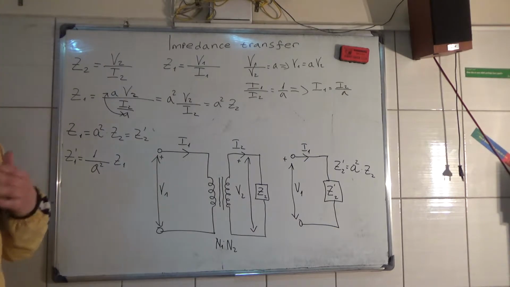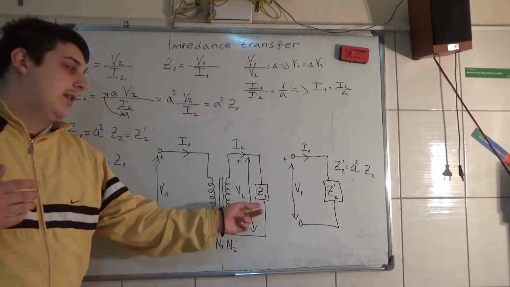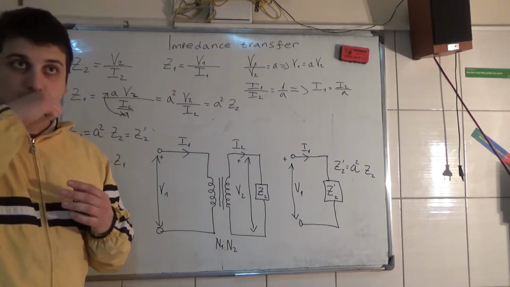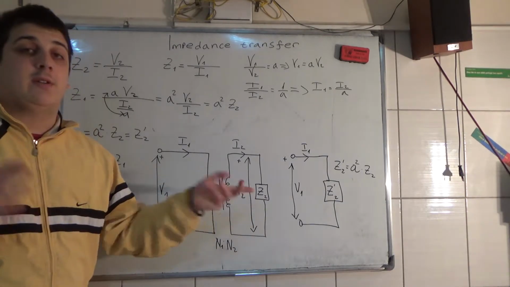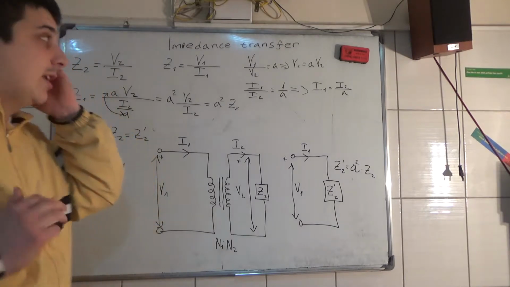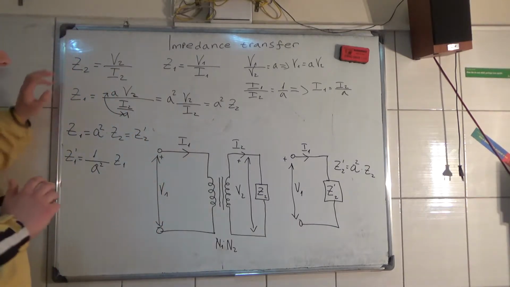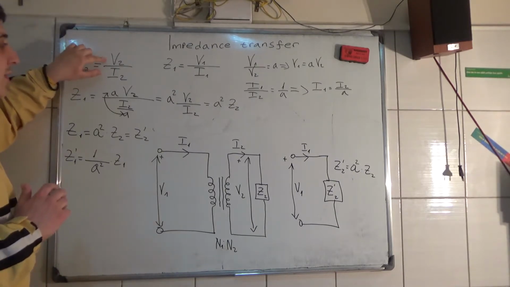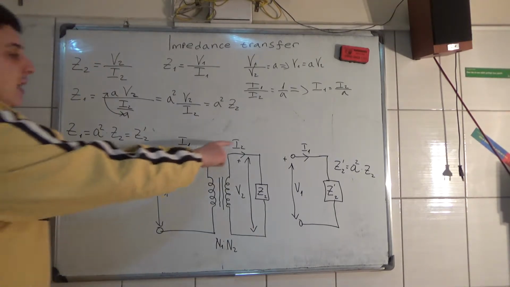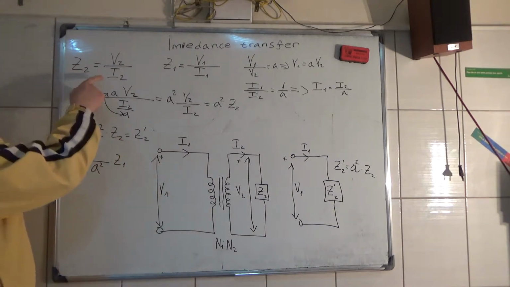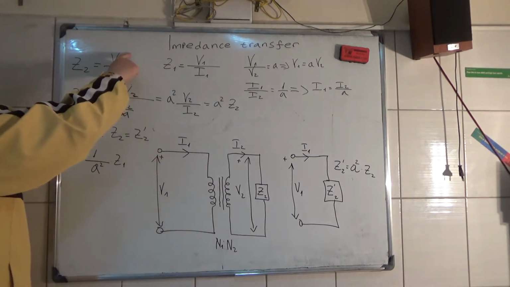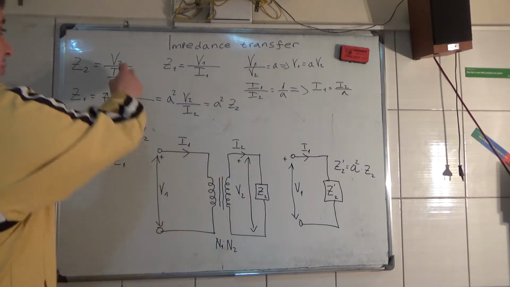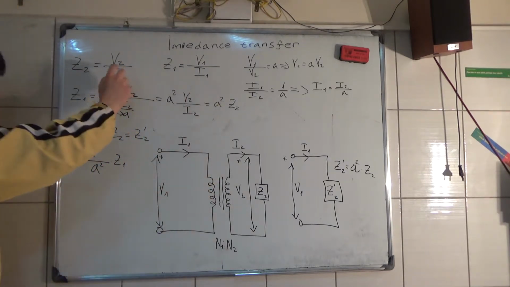Imagine that this here is just a resistive part, not reactive. So Z2 is equal to the voltage divided by the current, and this current is equal to V2 divided by the impedance. So the higher the impedance, the smaller the current.